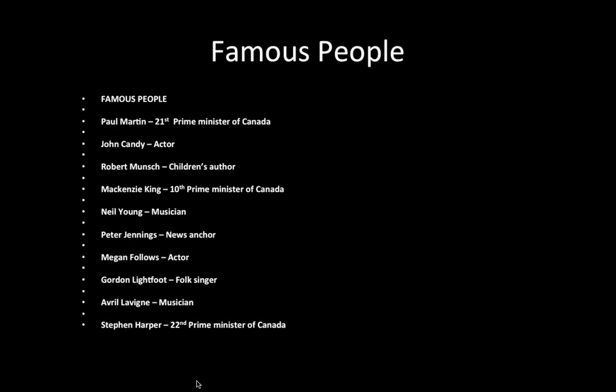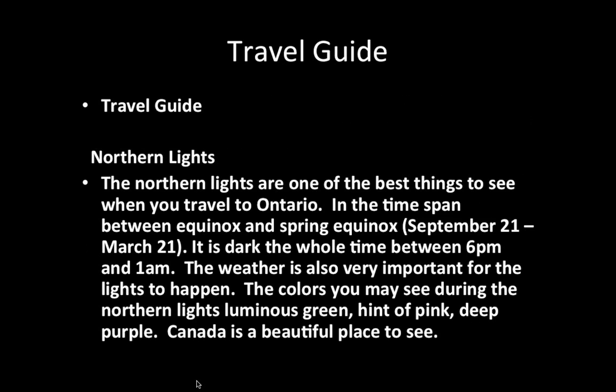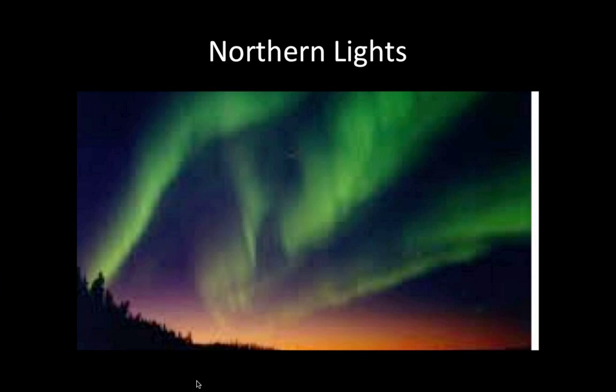And here are the famous people that I found. Oh, wow. John Candy, huh? I'll be darned. And this is about the Northern Lights. The Northern Lights happen when the temperature suddenly drops and it gets colder. And here are some pictures of them.